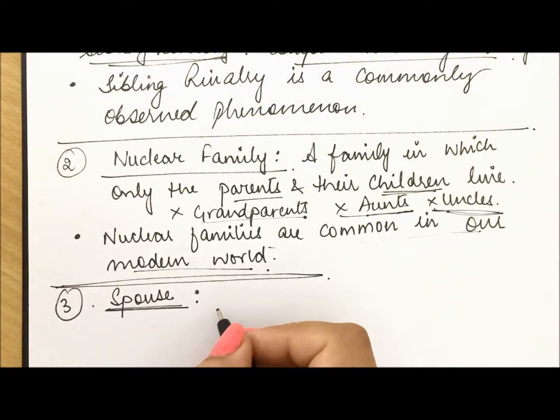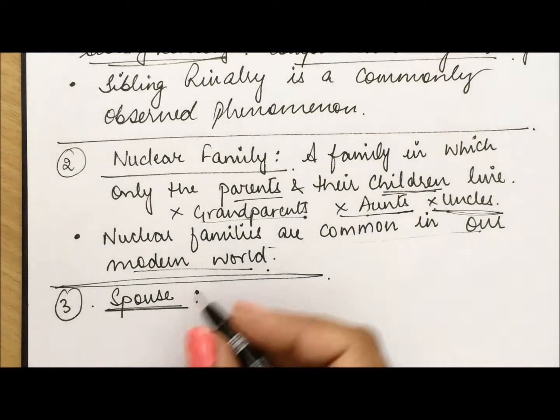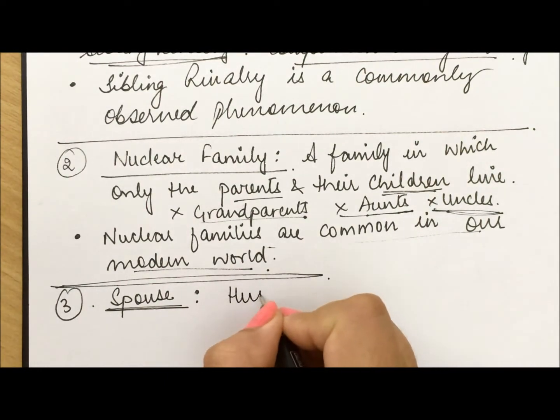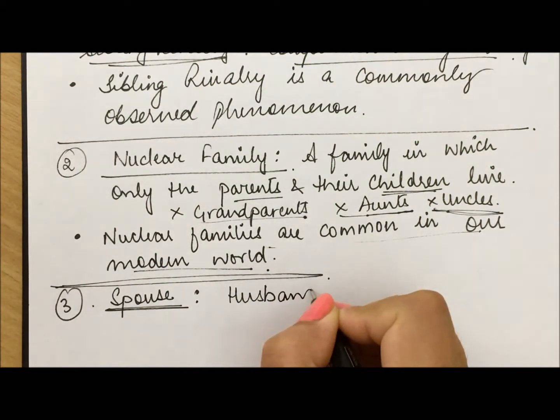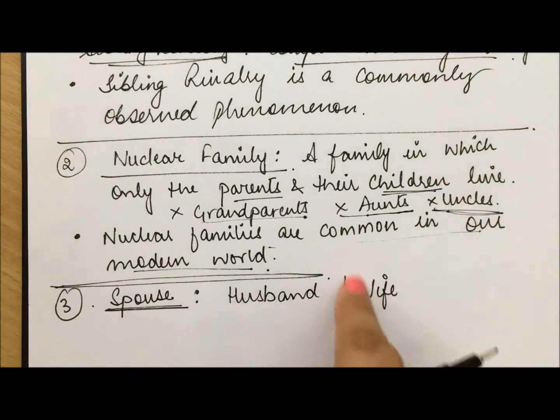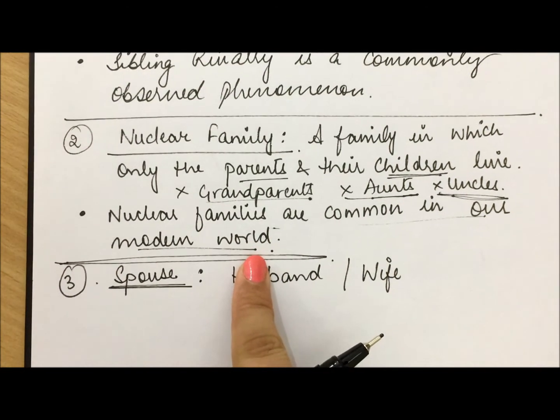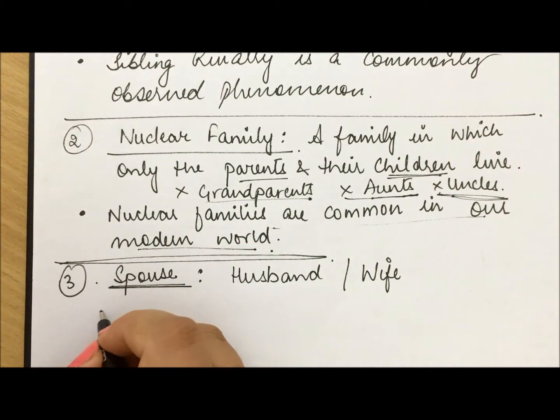The next word is spouse. I'm sure you've heard it, but let's start using these in some sentences. So a spouse basically is a husband or a wife. So for the husband, the wife is the spouse, and for the wife, the husband is the spouse, right? So you can use it this way.